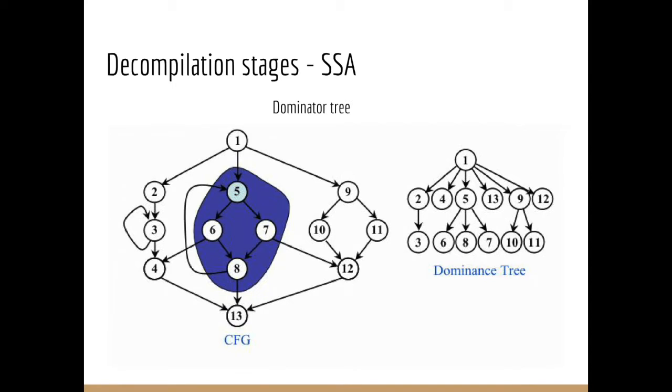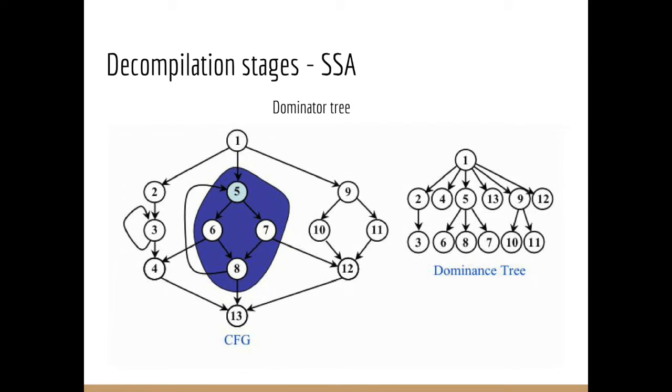And here we can see the dominance tree. Obviously, the first node is the starting node, and then we can see the second node, which dominates the third node. The fourth node doesn't dominate any node, and so on and so on.